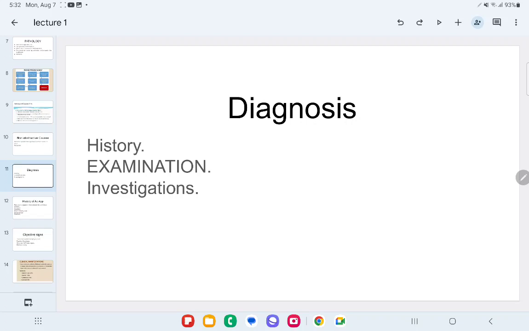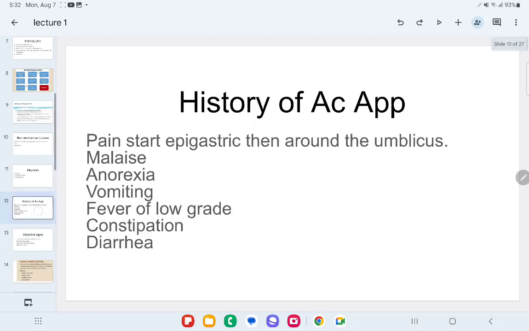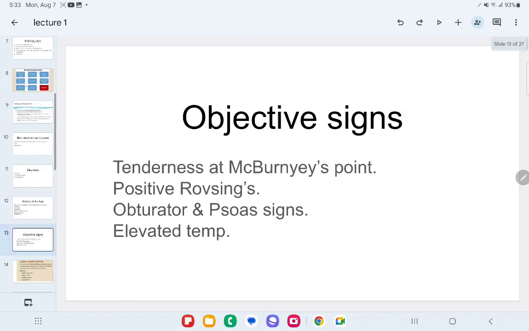In this context, the pregnancy test is important because it will come in the differential diagnosis of acute appendicitis. As we've said, the pain started at the gastric area, then around the umbilicus, and then shifted to the right iliac fossa, with malaise, anorexia, vomiting, low-grade fever, constipation, and sometimes diarrhea.